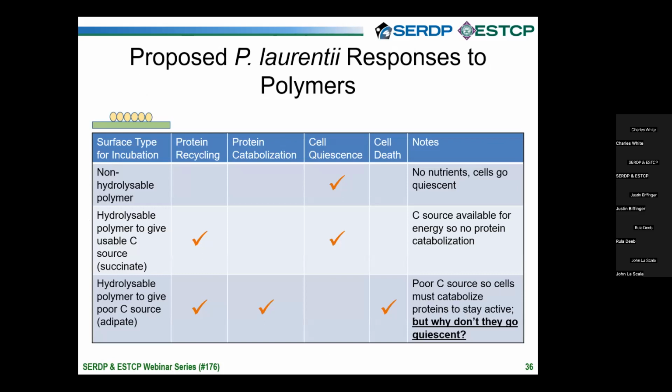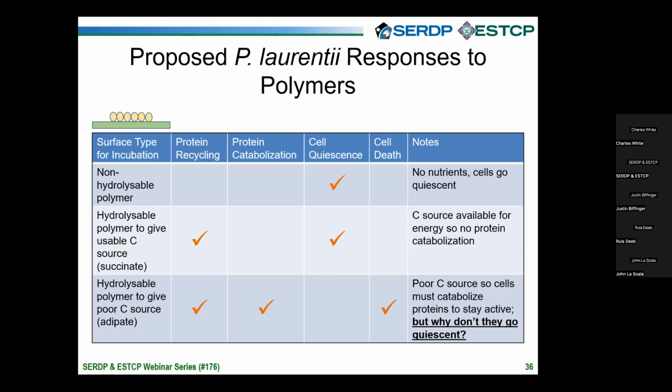Based on the collection of these results for Papillotrema, we created this summary table which highlights our analysis. In general, if there were no usable carbon sources, the cells go quiescent. So that would be the case here where we're seeing non-hydrolyzable polymer, we're seeing cell quiescence. No nutrients, cells become dormant.